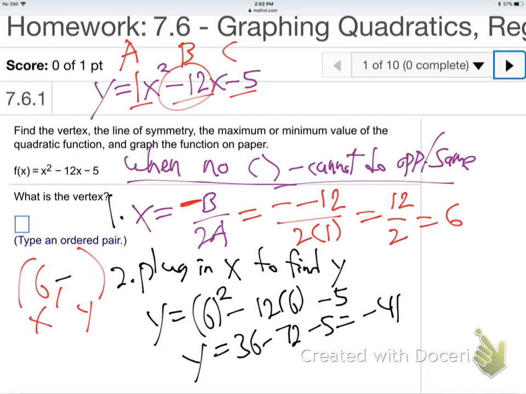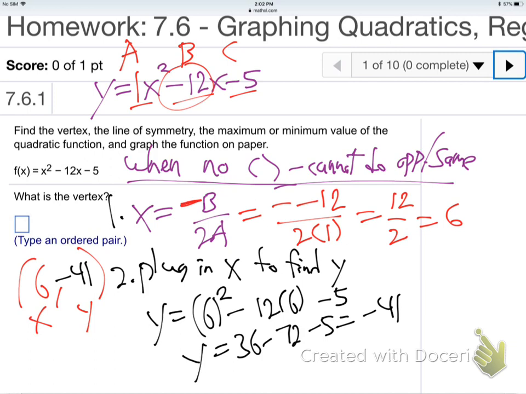Y is minus 41. So we got x and we got y. 6, minus 41, is that good? That's a funny center, huh? Way down, negative 41. They want the vertex, 6, negative 41. Is that all they want on this one? Oh, they want everything, huh? Okay, so that is the center.